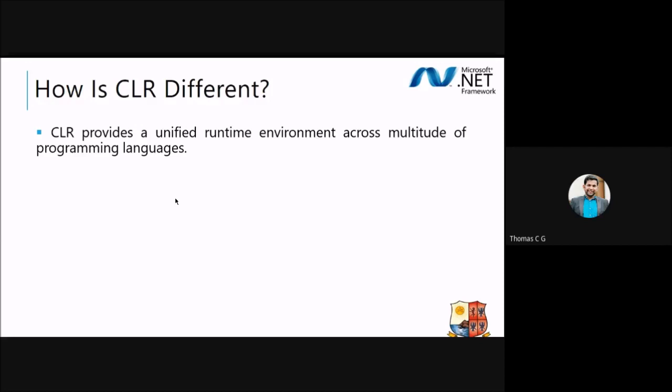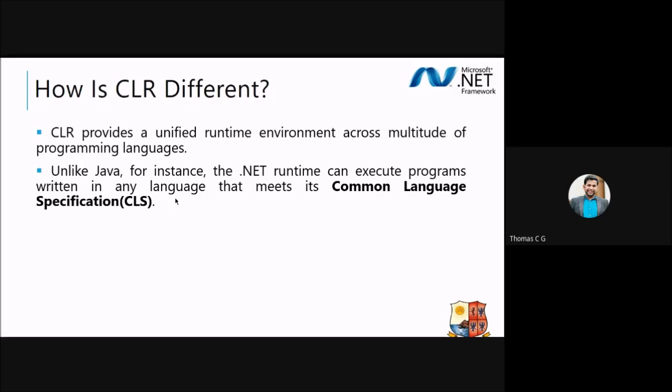When I say multitude, I mean many. That's the idea. Many programming languages, which means CLR is not specific to one language, unlike Java, for instance. I've highlighted one word there that I wanted you to notice: common language specification. The .NET runtime executes programs written in any language that meets its common language specification.